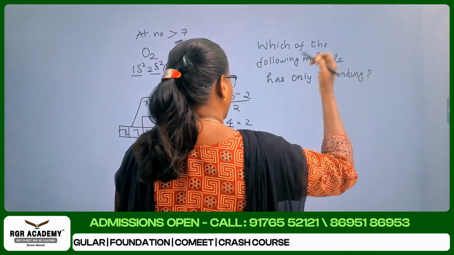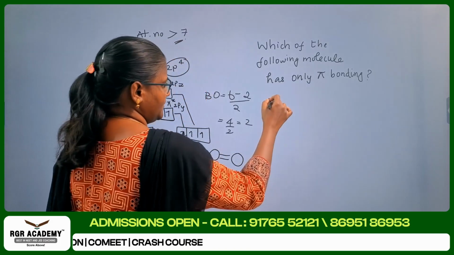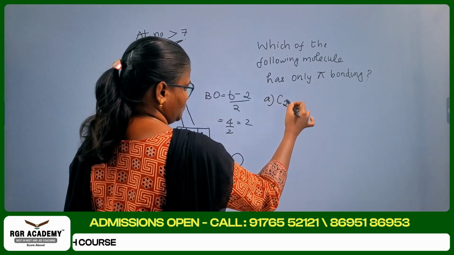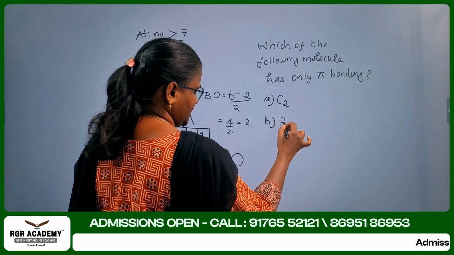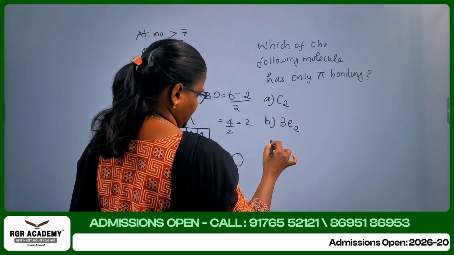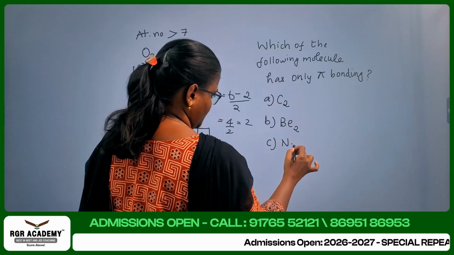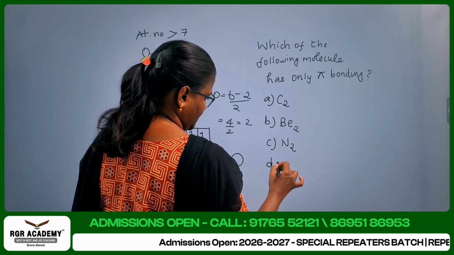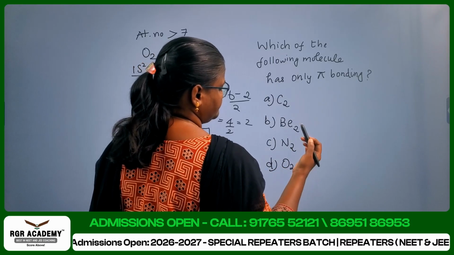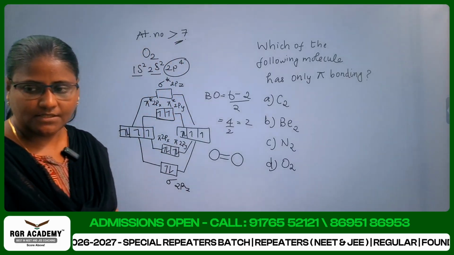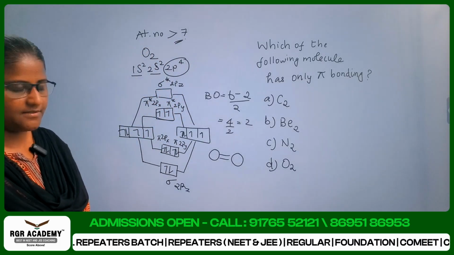Which of the following molecules has only pi bonding? Option 1, C2. The second option, Be2. The third option, N2. And the fourth option, O2. So this is the question which is asked.